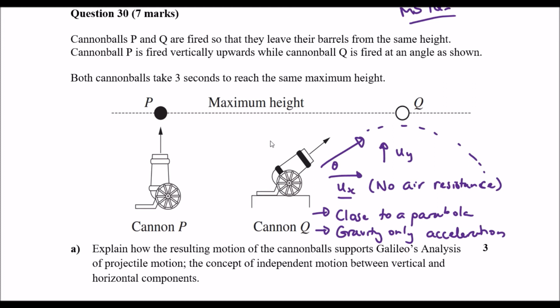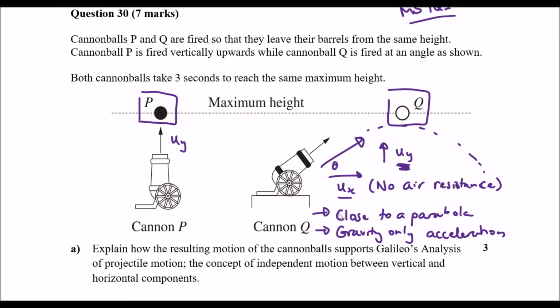We also can say that the balls P and Q have the same vertical velocity. So although Q was fired at an angle, the vertical component of its velocity should be the exact same as the vertical component of cannonball P. That's why they reached the same height at the same period of time.